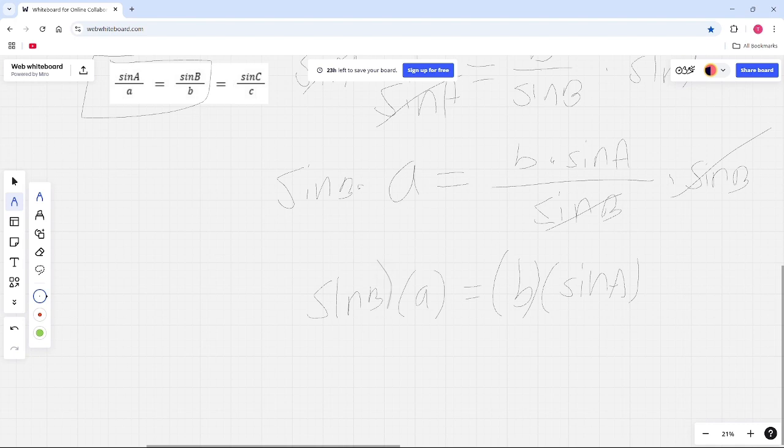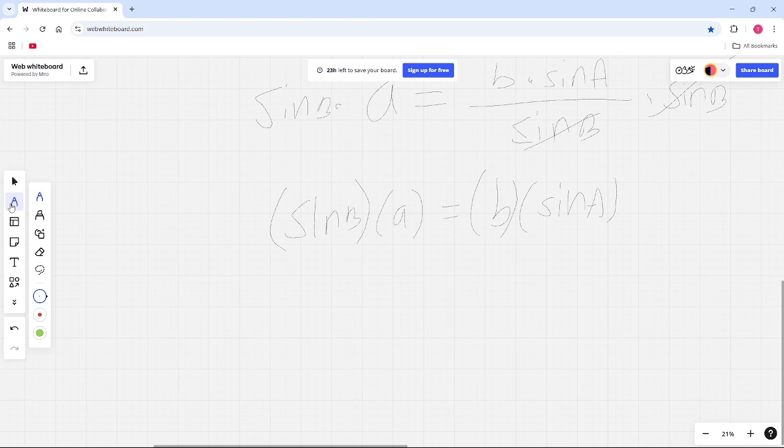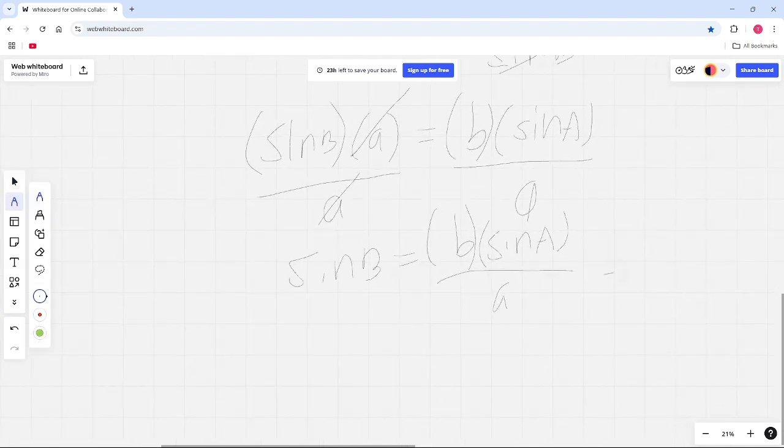I'll just put brackets here for clarity. So now you would divide this side by A and then this side by A. These two A's divide out. So you're left with sine B is equal to side length B times sine A divided by A. And then here you would divide the right side by B, or if you're more fancy, you can multiply it by its reciprocal.